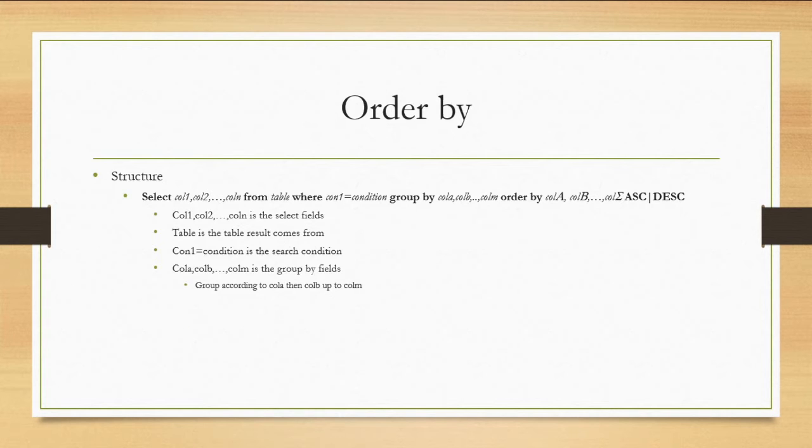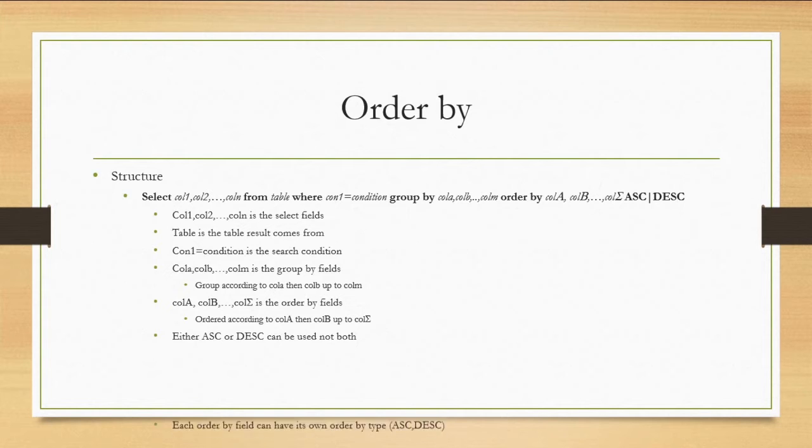Group according to column A, then column B up to column M. Column alpha to column sigma is the order by fields. Order according to column alpha, then column beta up to column sigma. Either ASC or DESC can be used, but not both. Each order by field can have its own order type, ascending or descending.